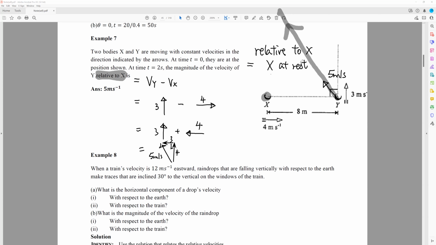So at which point are they closest to each other? Do you understand why this point is the closest? So this point is the shortest distance. Do you all understand? So this is the shortest distance.